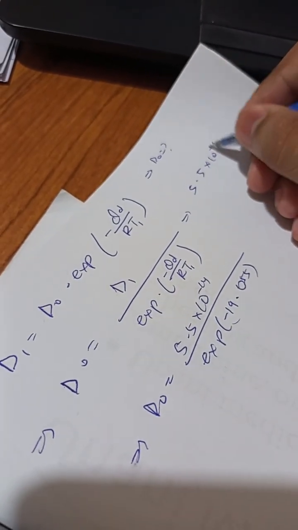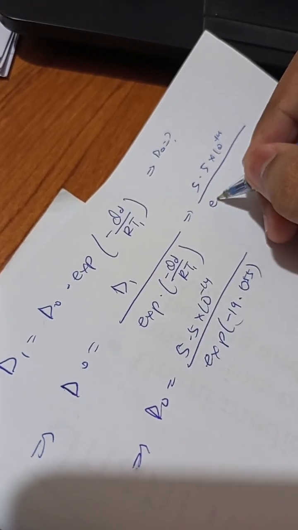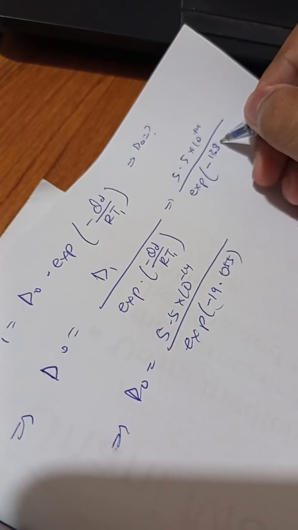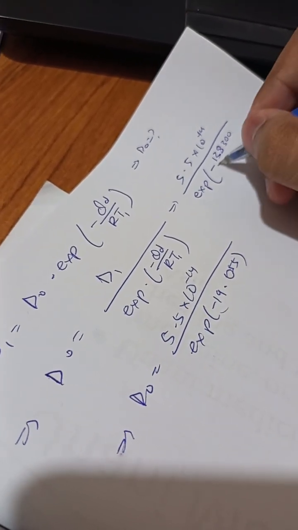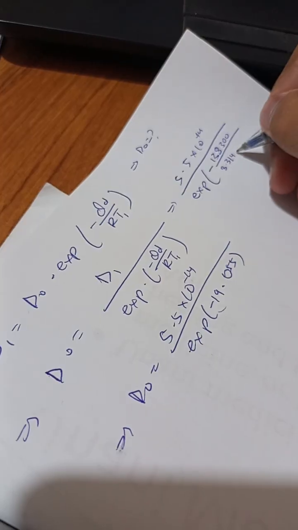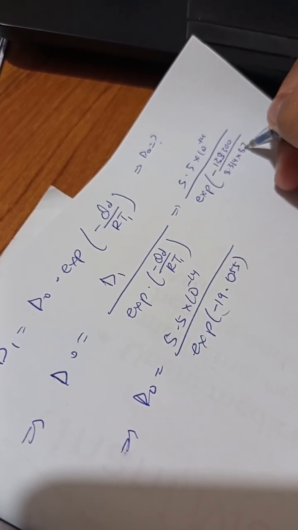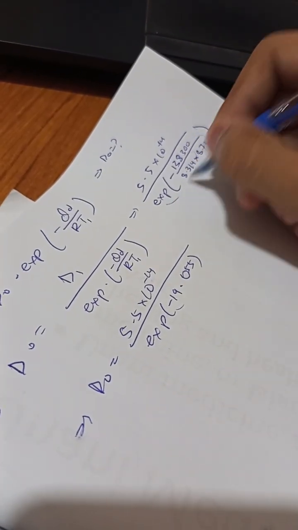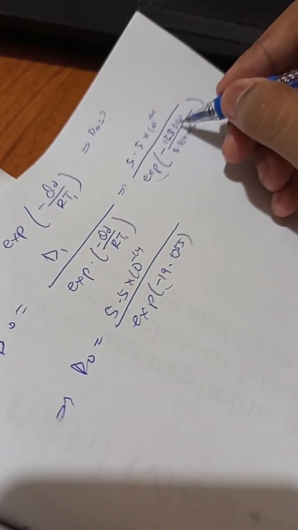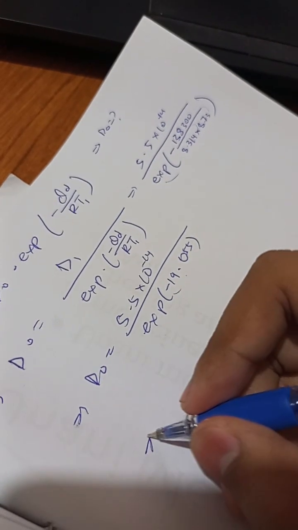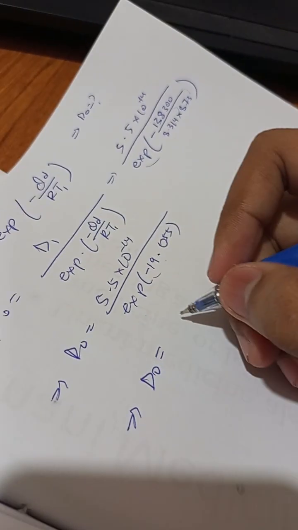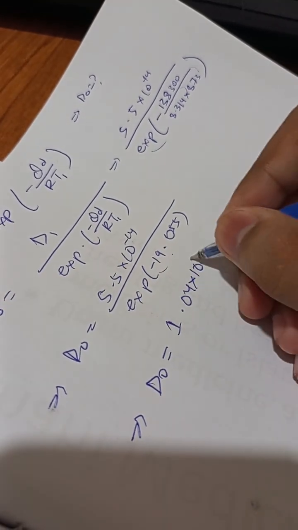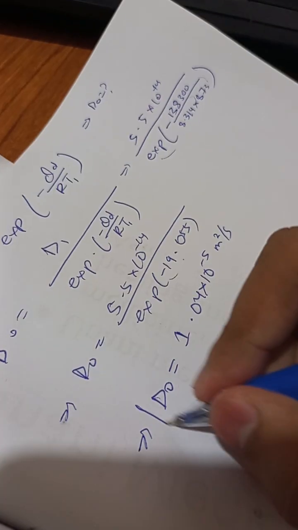I'll show you, but you have to calculate it on your own. This is exponential minus QD, we put 138,300, and in the denominator 8.314 multiplied by 873. This is the value we put in the calculator, the whole denominator. So we get, or either put this and then take exponential, it's up to you. The final value by dividing this whole term is 1.04 exponent minus 5 meter square over second.